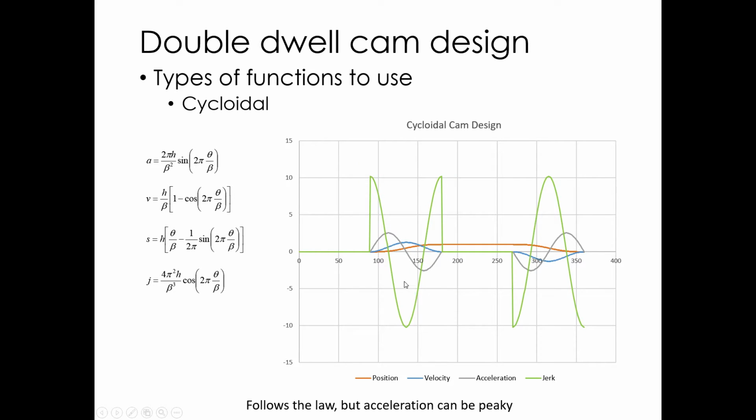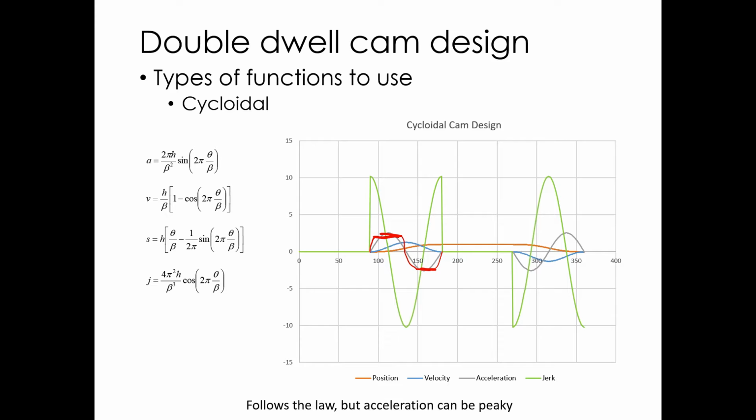So this would work. Downsides of the cycloidal cam is if we look at the acceleration plot here, it takes us a while to build up to peak acceleration, and then we're only at peak acceleration for an instant. So then we ramp down here, and we're only at peak acceleration down here. So we really would probably like to have a broader acceleration and smoothly ramp up to that, and we'd have a lower peak acceleration, and so we'd have a lower peak force.